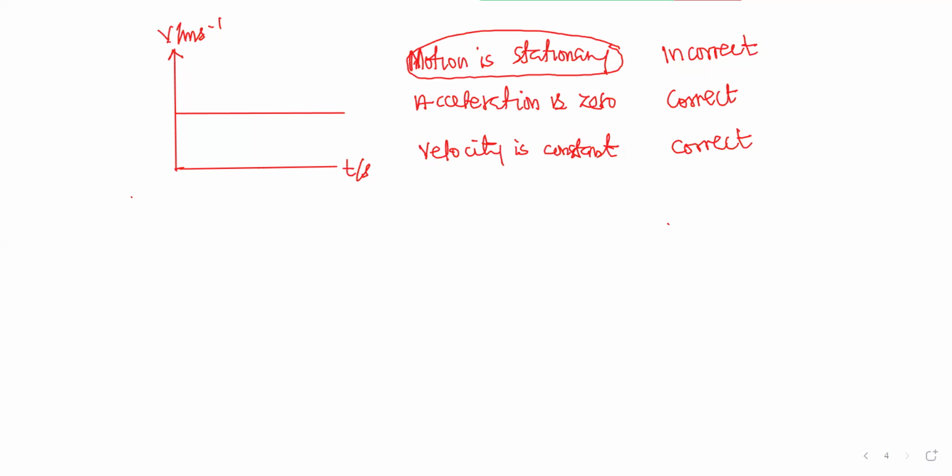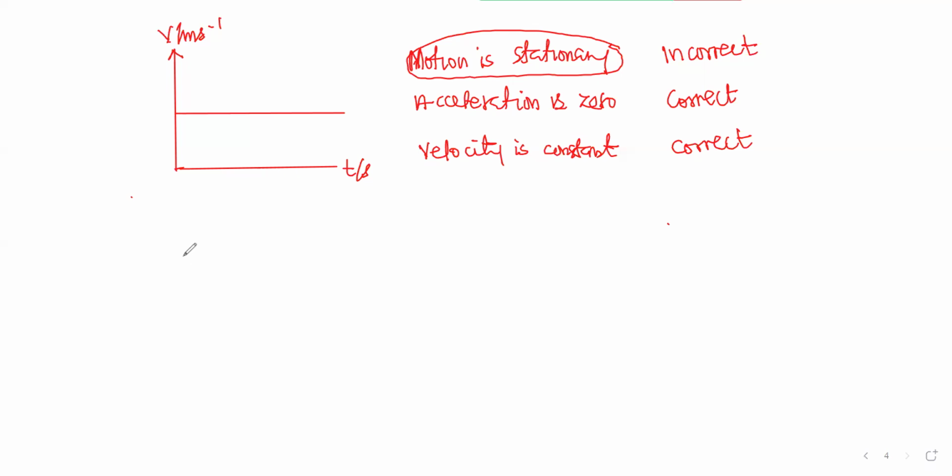So when the person maintains the speed throughout the race, it means he's moving at a constant velocity where the acceleration is 0. Class, are we okay? Yes. Andy and Co, are you okay?